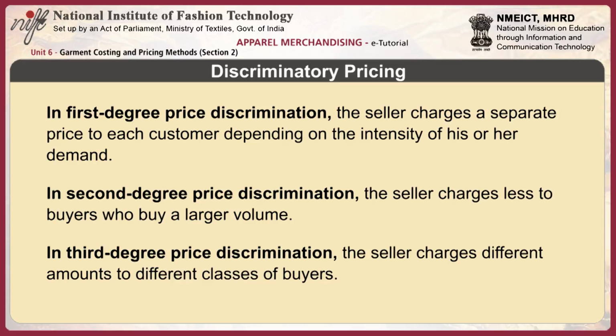And there can also be a discrimination with respect to the location of the product or service. If you are going to a theater, whether you are in the balcony or in an executive class, the price would change, though the product may be the same. Similarly, if you are traveling in an aeroplane, in business class or economy class, the service is the same, but the location is different.